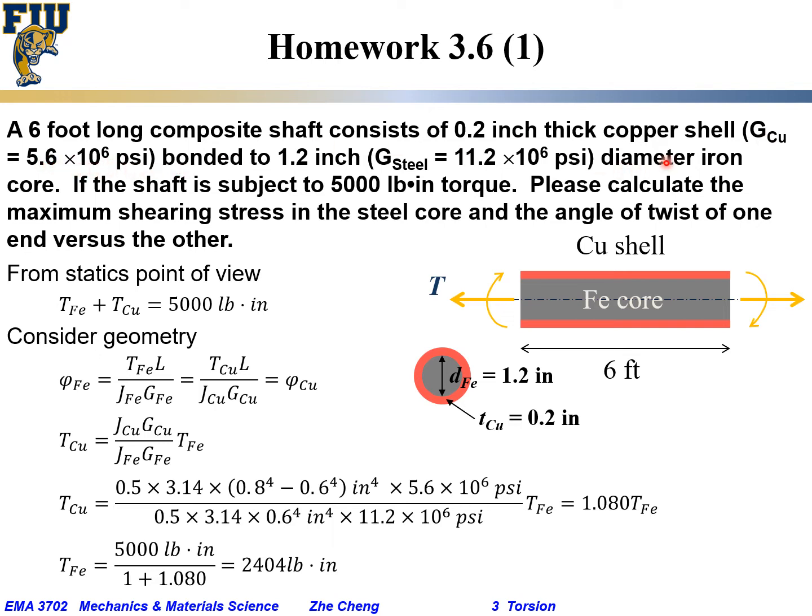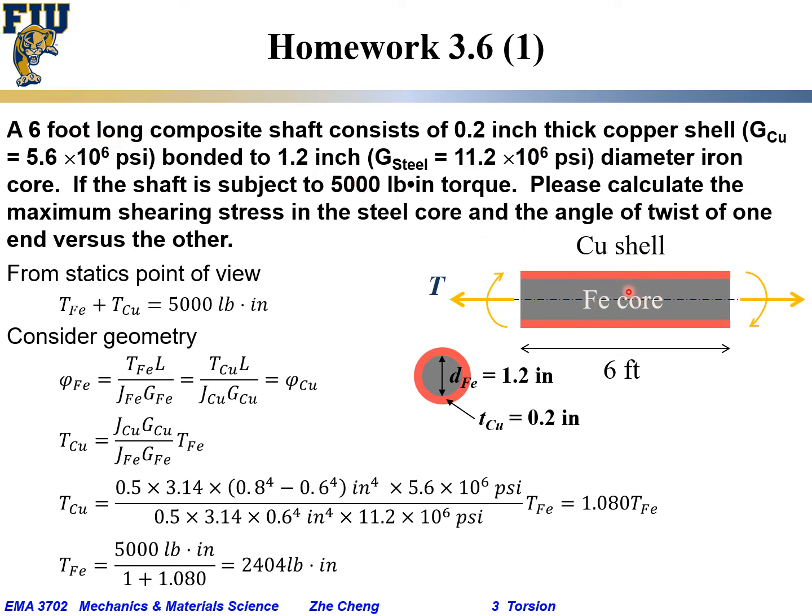This copper shell is bonded to a 1.2 inch diameter iron core. The iron core is this gray colored solid piece, 1.2 inch in diameter, and the copper shell has a thickness of 0.2 inch, and both of them are 6 foot long.